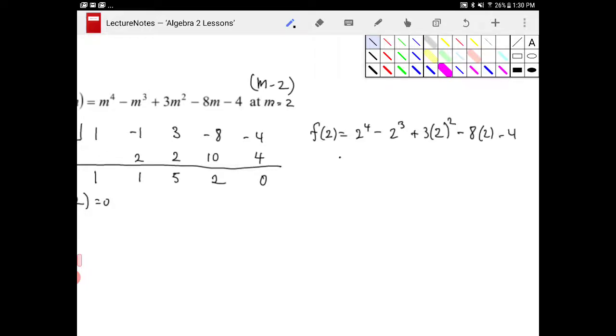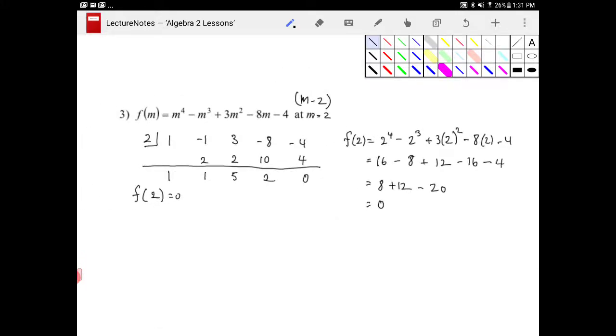All right, 2 to the fourth, that's 16. 2 to the third is 8. 3 times 2 to the second, that's 12, minus 16, minus 4. 16 minus 8 is 8, plus 12. -16 minus 4 is -20. 8 plus 12 minus 20 is indeed 0.